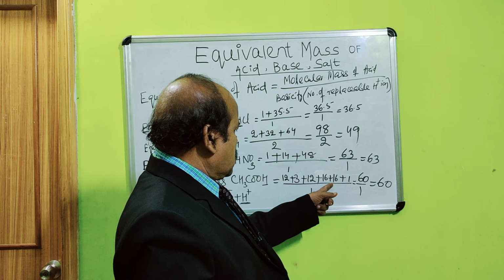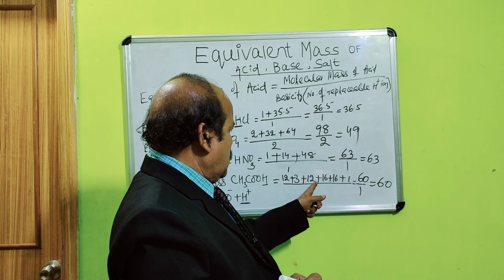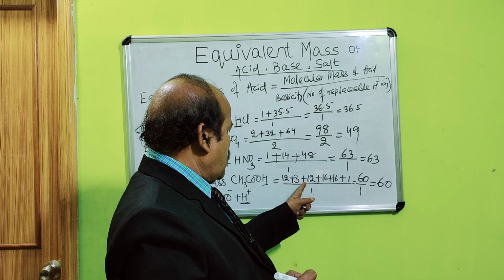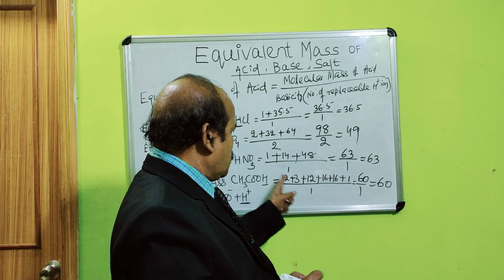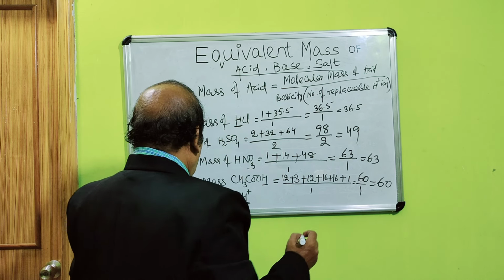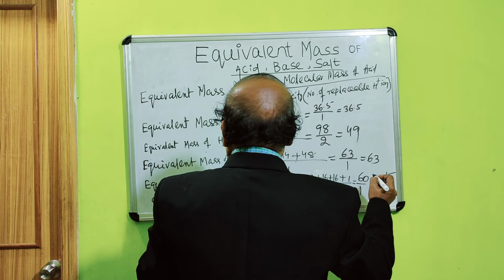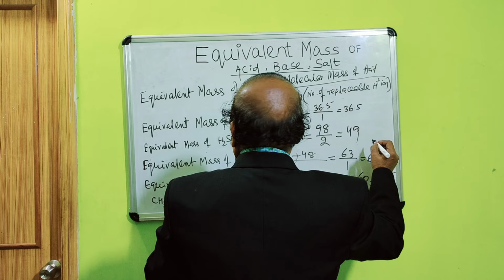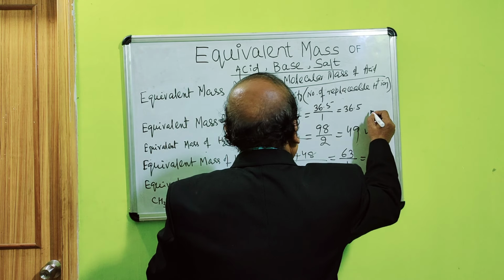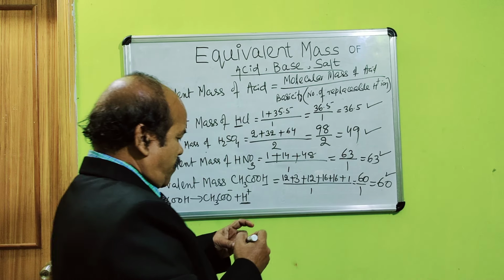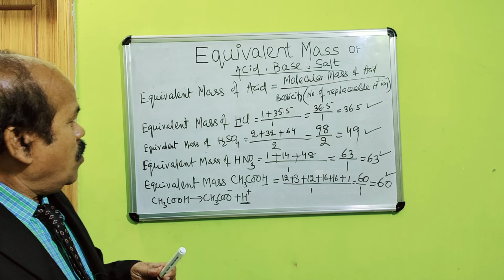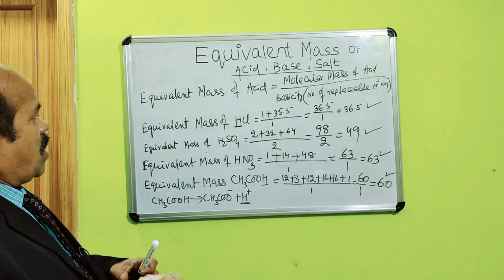It's all about 60. So equivalent mass is 60 for acetic acid, for nitric acid 63, for sulfuric acid 49, and for hydrochloric acid 36.5. So this is how we can find out the equivalent mass of acid.